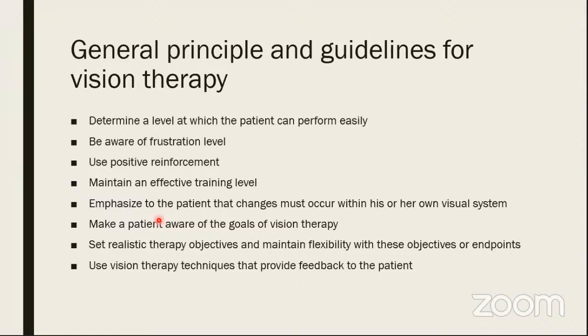So what I discussed is, before doing all the vision therapy activities, we have to discuss with the patient their aims: what the goals are, what the objective is, the importance of regular practice and doing every activity.